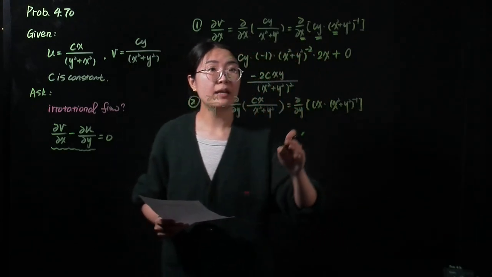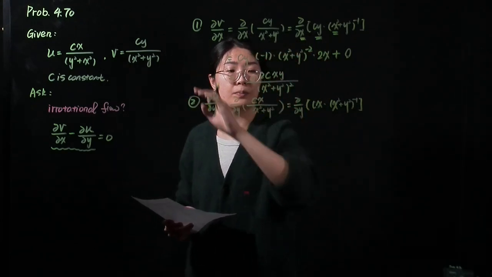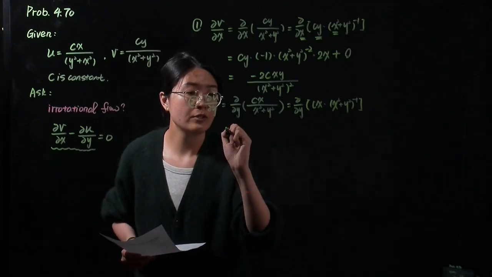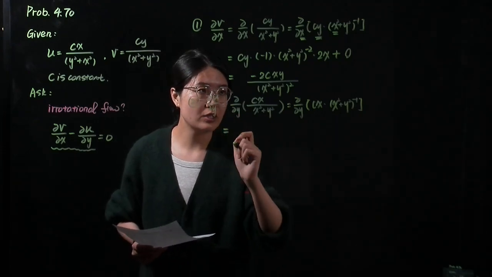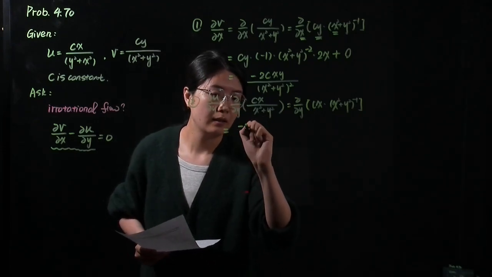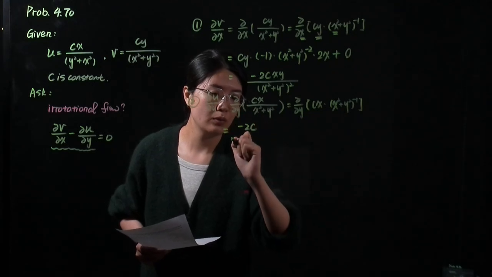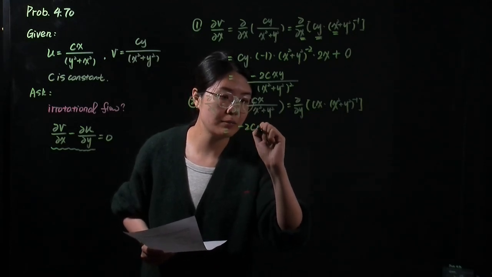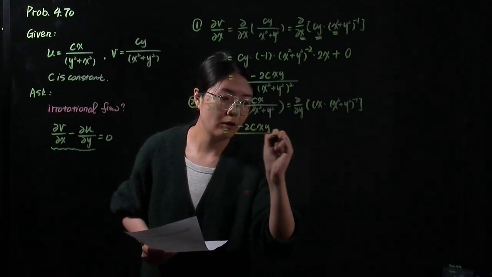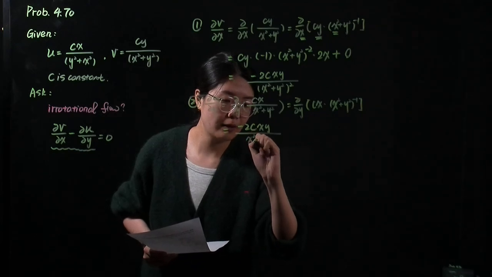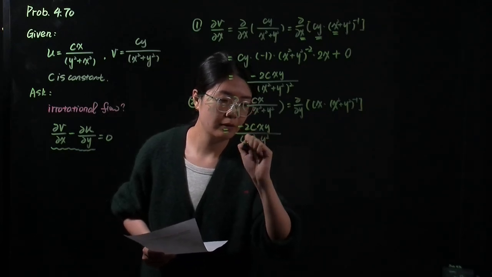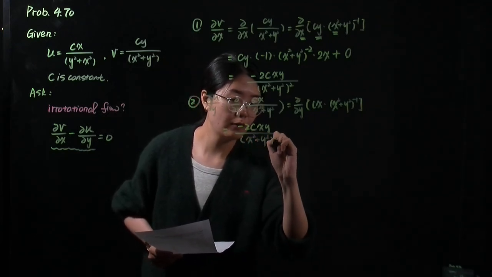We do the same thing as in the first part. After we finish this calculation, we find it equals minus 2 times c times xy over x squared plus y squared to the power of 2.